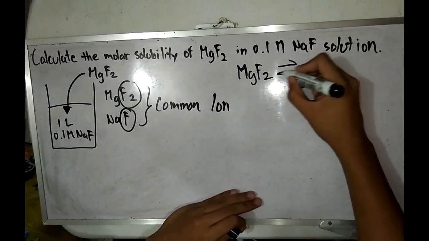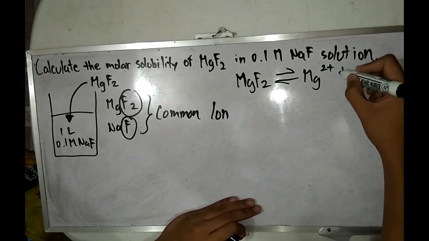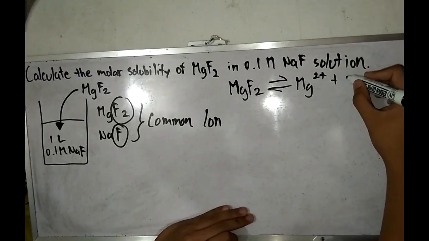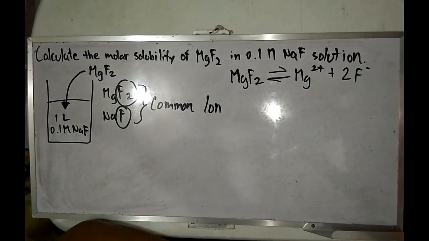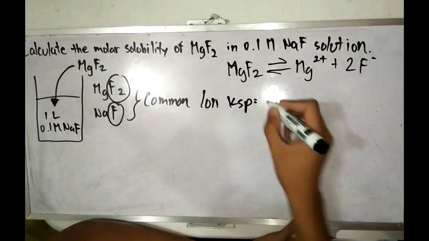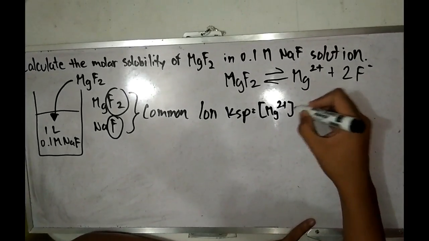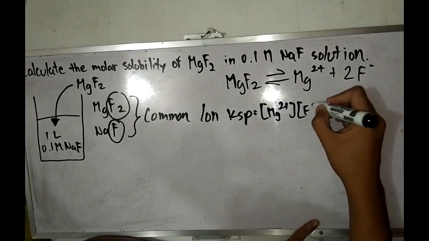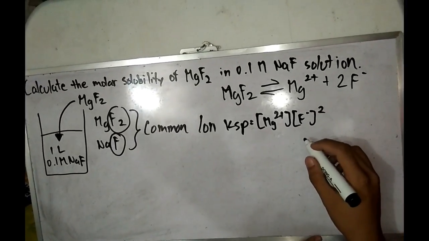So MgF2 dissociates to form Mg2+ and 2F-. And again, since we are solving for the molar solubility, we would need to write the KSP expression of MgF2. So KSP is equal to Mg2+ times F- squared.